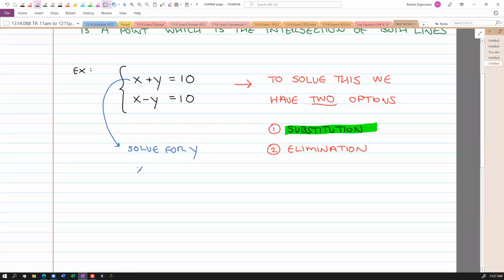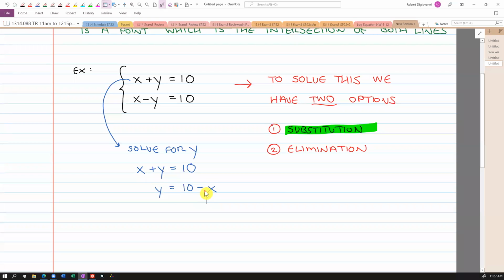What do I mean by solve for y? I just mean get y by itself on one side of the equation, all right? So there's my equation. I'm going to subtract x on both sides. It doesn't matter how you write this. When I subtract x on both sides, I can have 10 minus x, or I could have written it the way I did earlier, which was negative x plus 10.